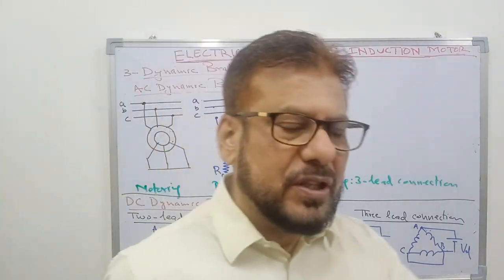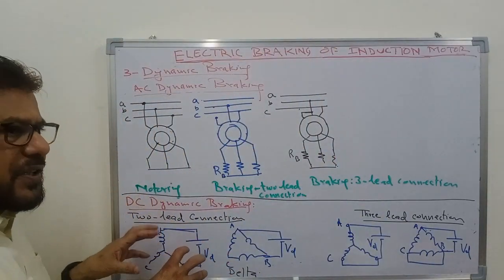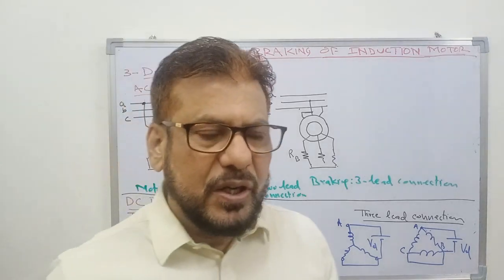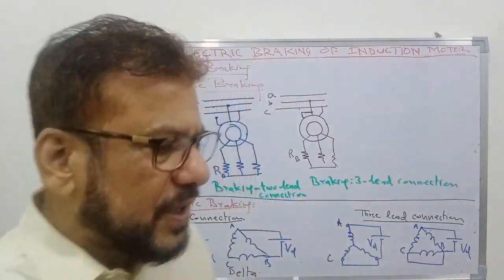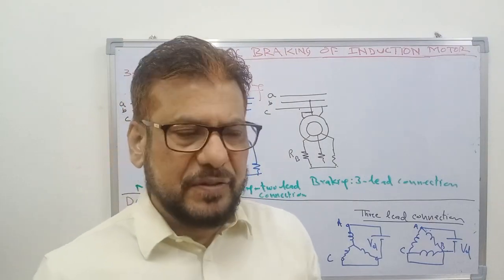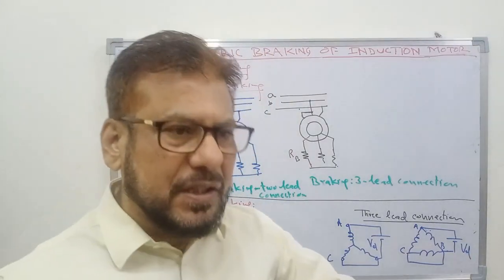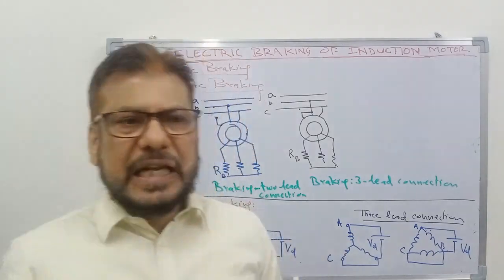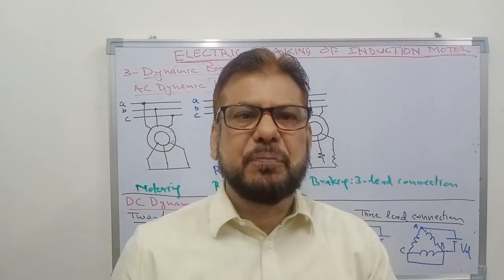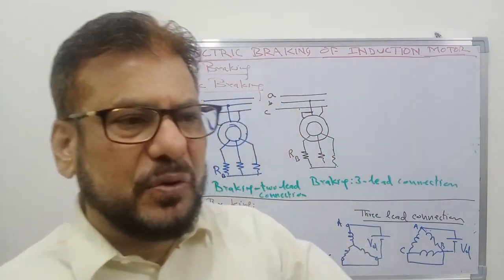The supply is DC and the rotor is rotating. Visualize what is happening: the DC supply is producing a stationary magnetic field, and the rotor is rotating in this stationary field. Induced voltage will be there in the rotor winding, that will cause flow of current, and that will produce a torque in the opposite direction, the torque that opposes the cause, that is the rotation.